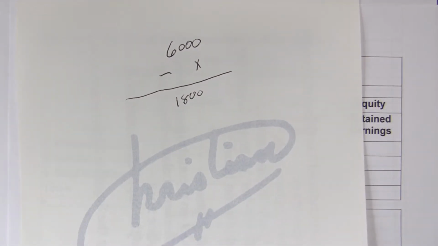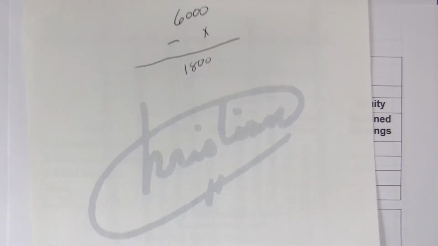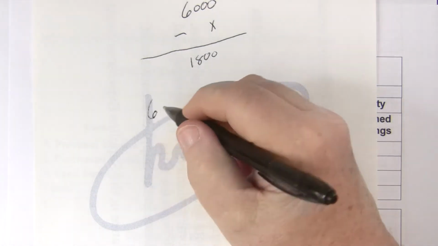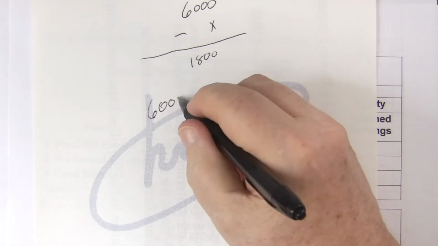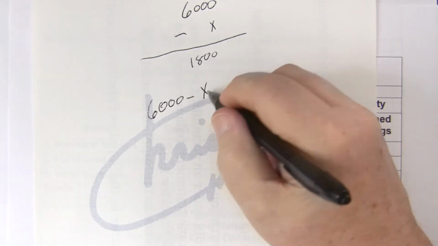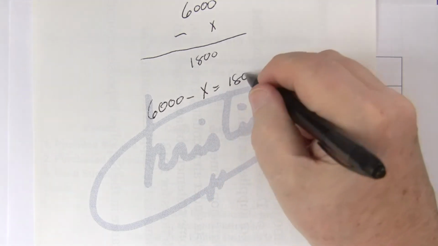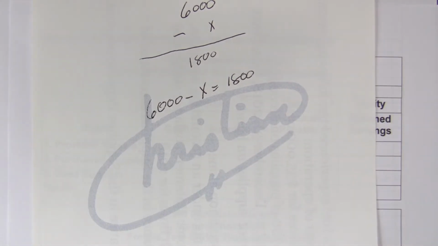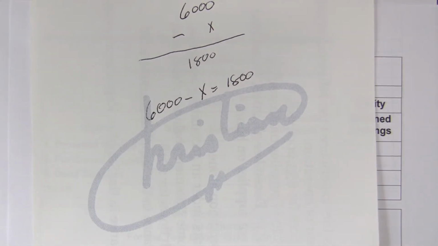This is the real basic algebra I was telling you about the other day. It's 6,000 minus X equals 1,800.